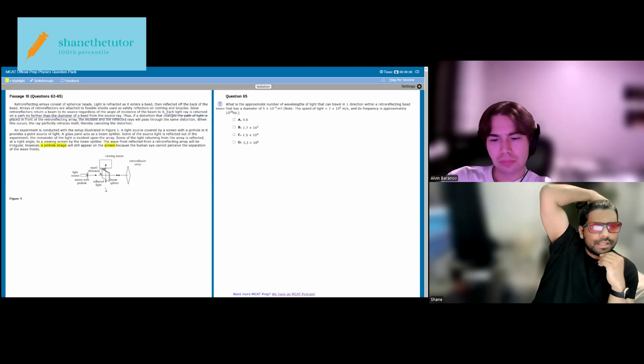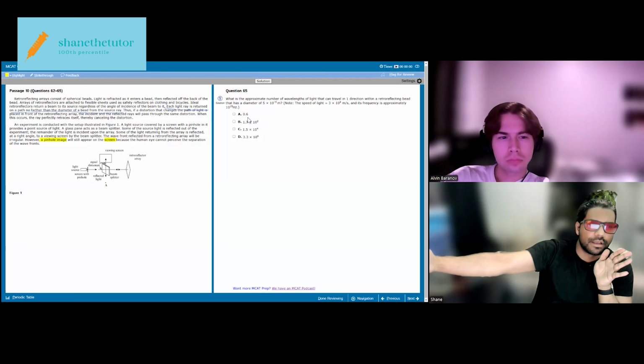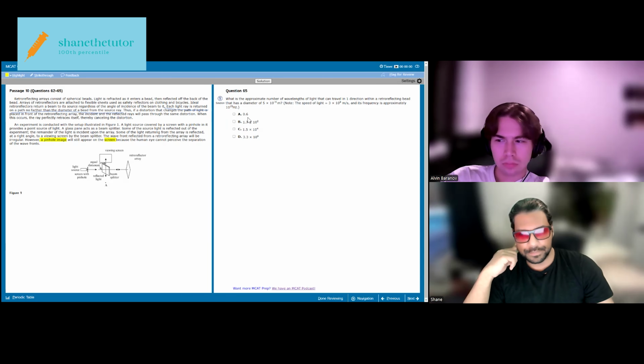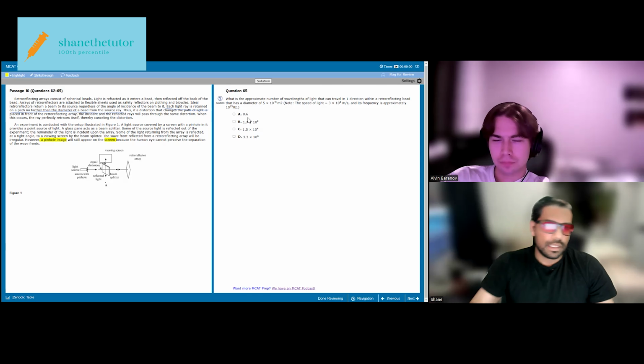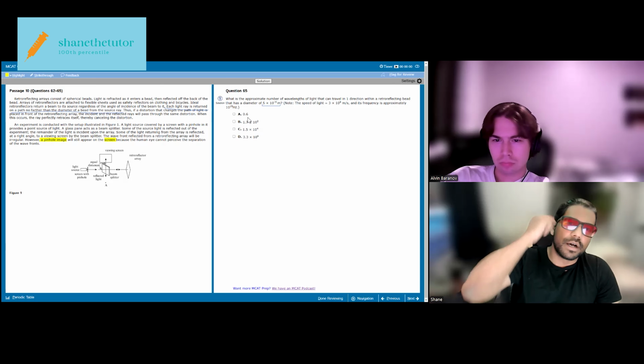Wouldn't that mean that the light ray can travel a distance smaller than the diameter? Is that what it's saying, right? Yeah. So the distance that the light ray travels must be smaller than that, right?